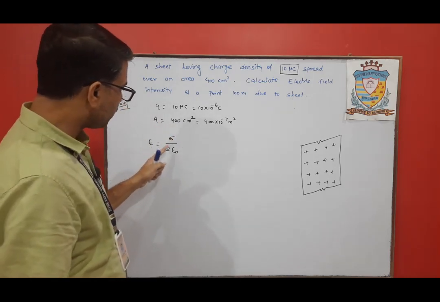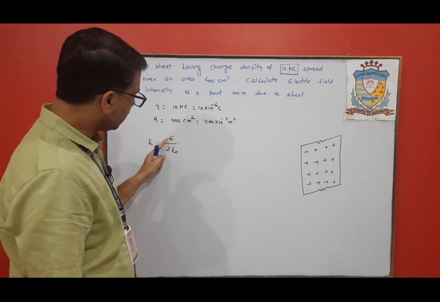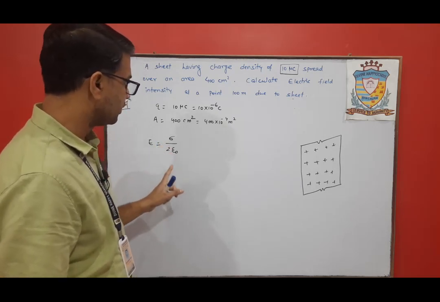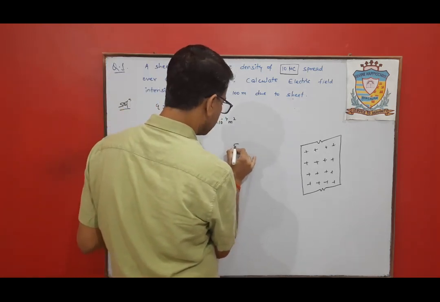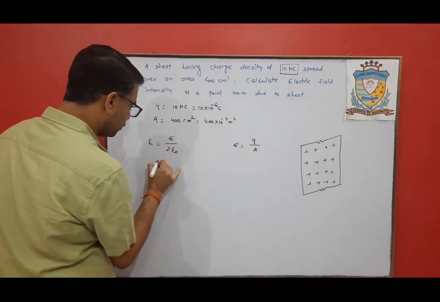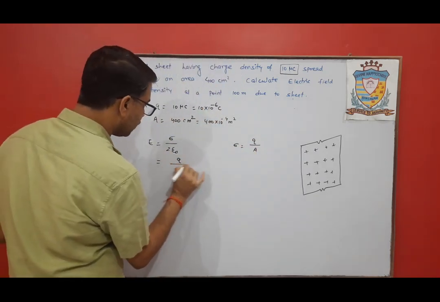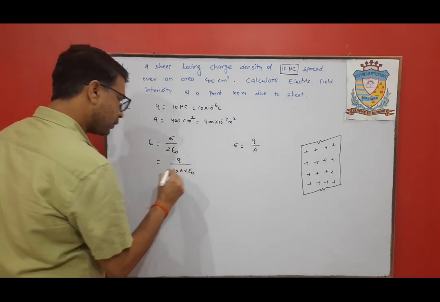Sorry, not Q, it is sigma upon 2 epsilon naught. So first we will calculate the value of sigma, because the value of epsilon naught is given. What is sigma? That is Q by A. So E is equal to Q upon 2 A epsilon naught.